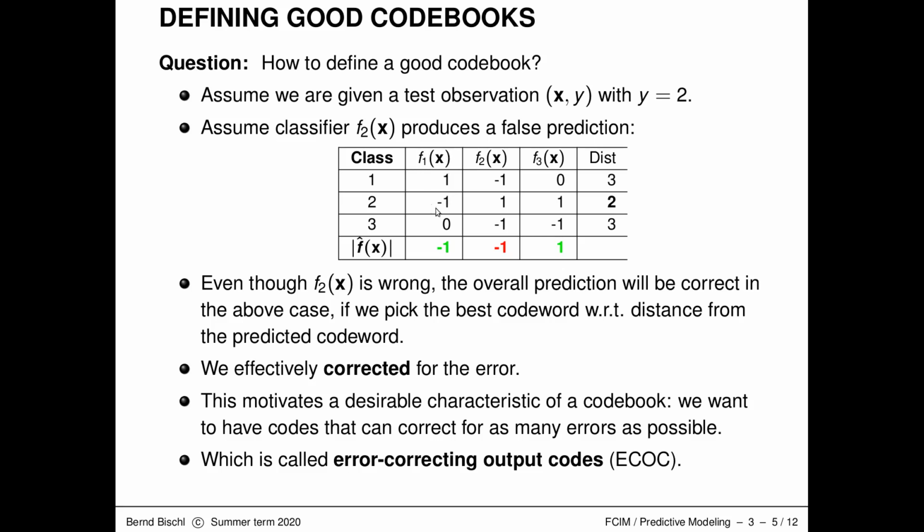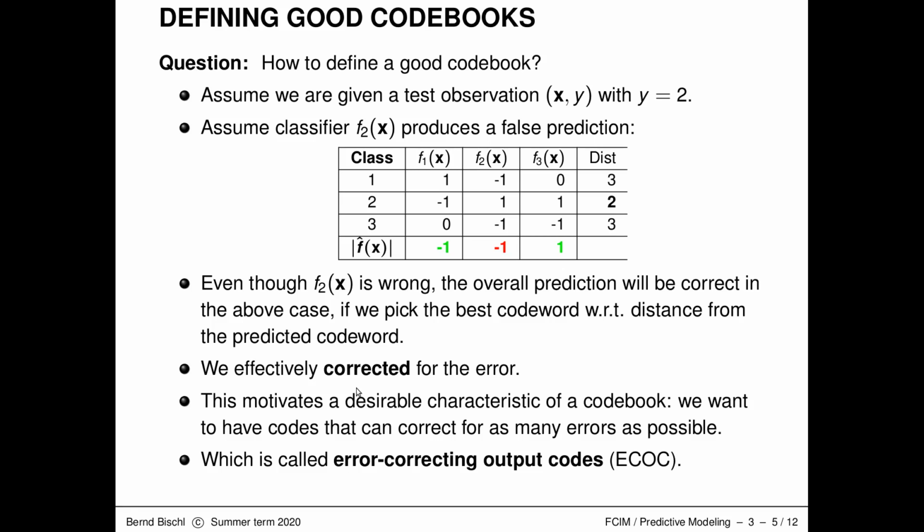The first classifier actually produced a correct prediction, the third one as well, but the second one produced an error in prediction. Now if I compute again these L1 distances to the available code words in my codebook, I get again this pattern of a distance of 3, a distance of 2, and a distance of 3, and I would pick this second class as my overall prediction, and this error that happened in the second component seems to have been effectively corrected.